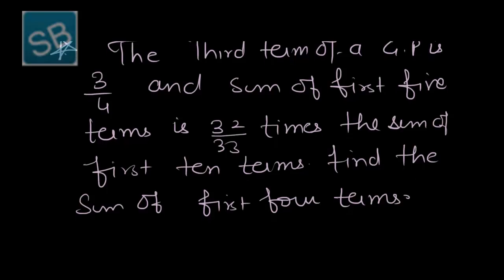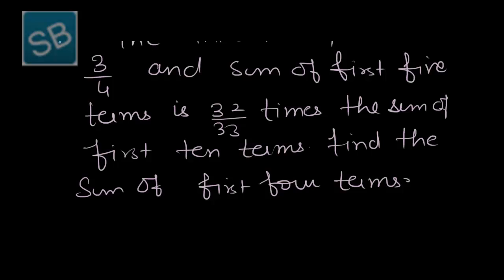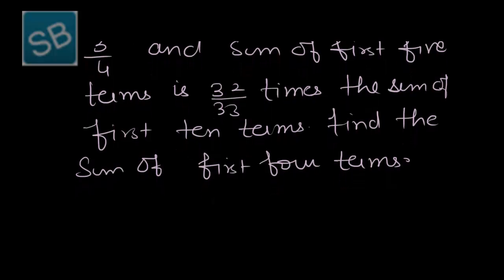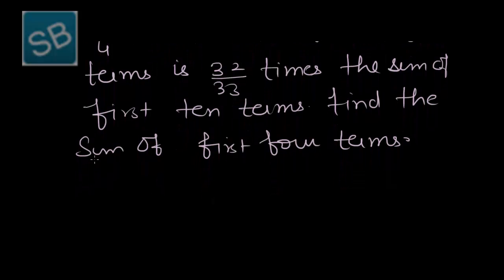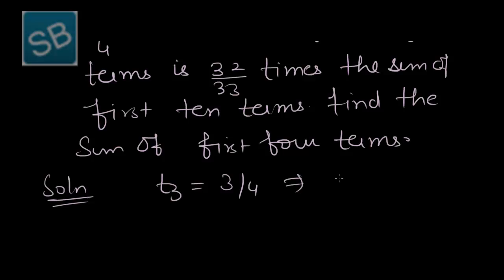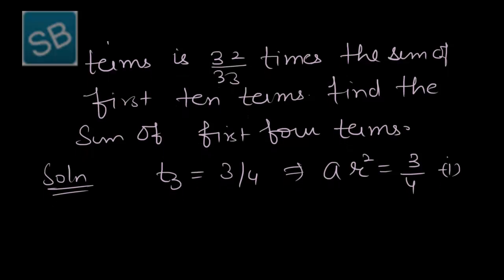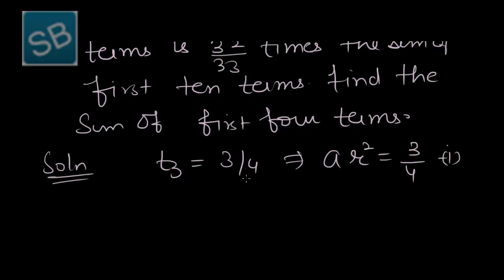Now here we have two conditions. That is, the third term is 3 by 4, that gives A into R square is equal to 3 by 4. That is number 1. And the second condition is the sum of first 5 terms, that is S5, is equal to 32 over 33 times S10.